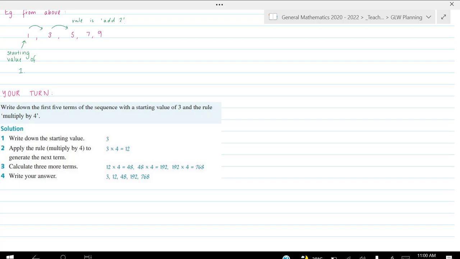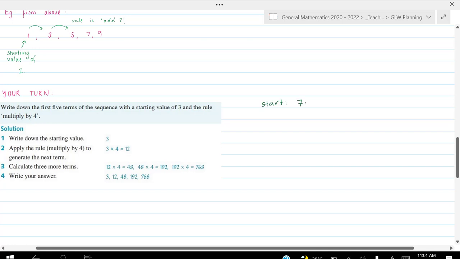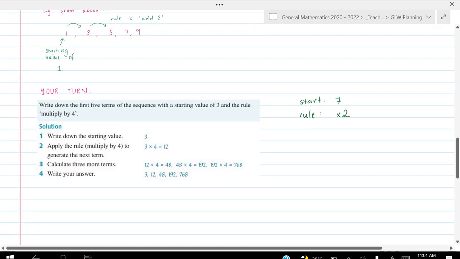So have a go with a starting value of 7 and a rule of multiply 2. When you think you've got it, come back and check your solution.